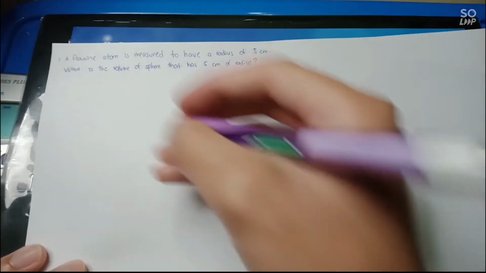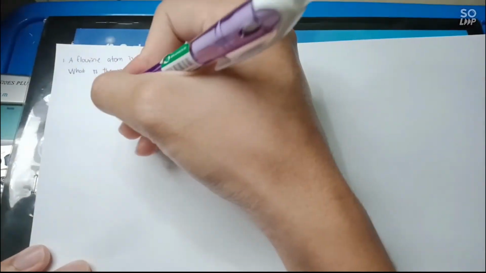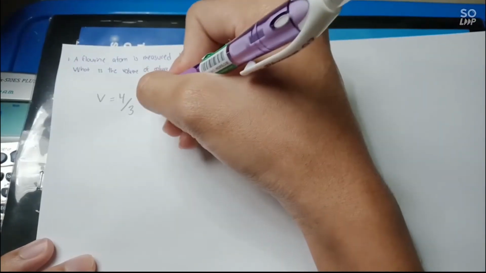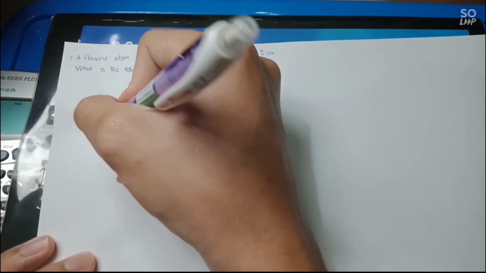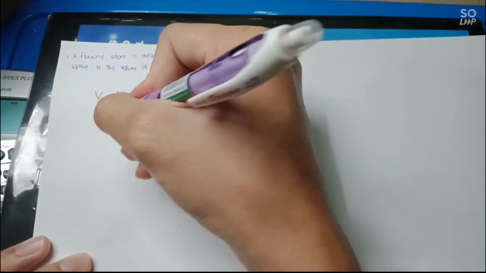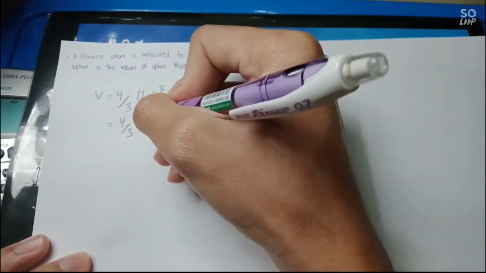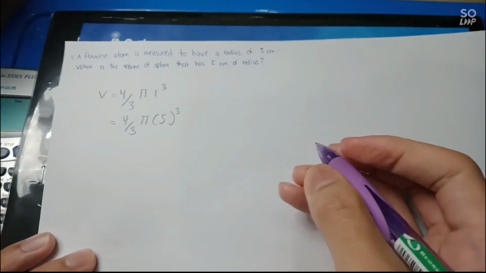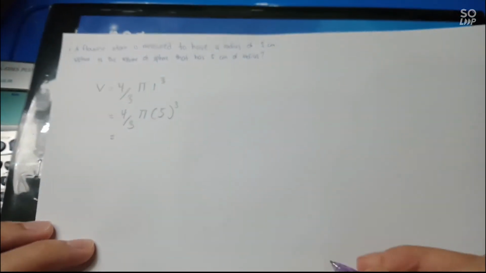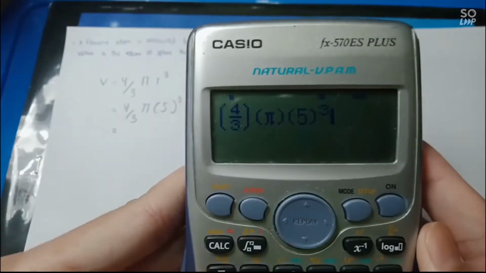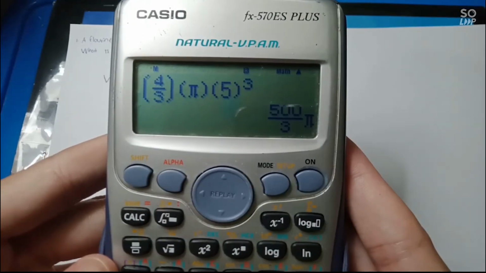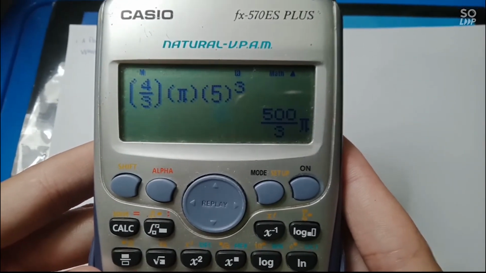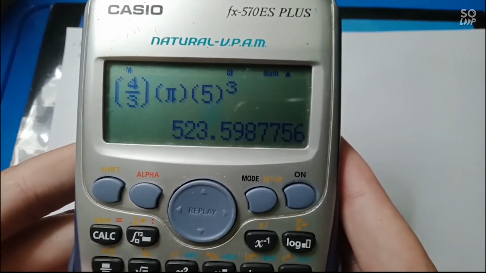First thing first that you need to know is the formula, which is V equals 4 over 3 times pi times r cube. Given that the radius is 5 cm, we just convert into the formula 4 over 3 times pi times 5 cube, and you just put all of this into the calculator and get the answer, which is 500 over 3 pi.